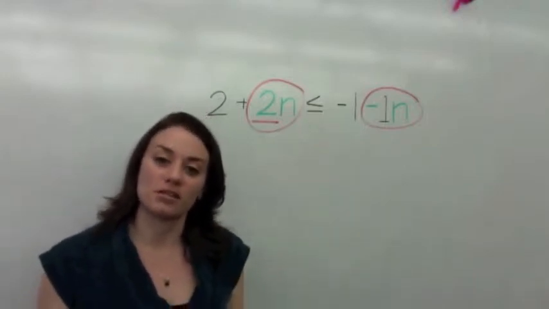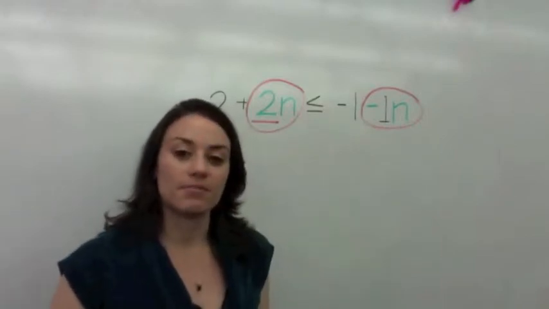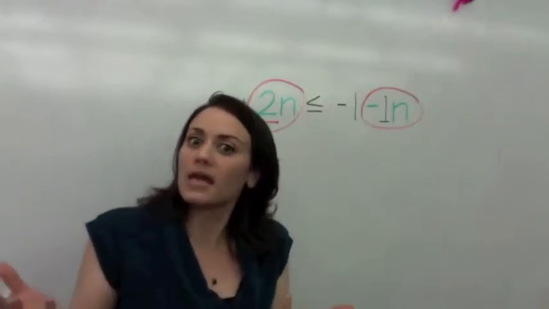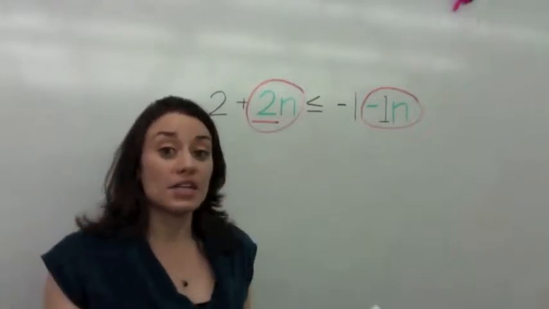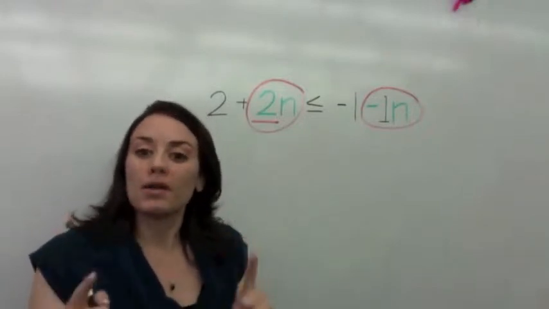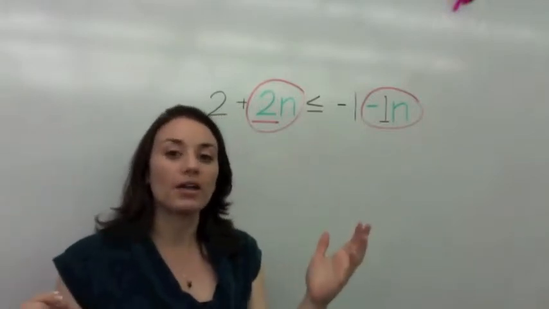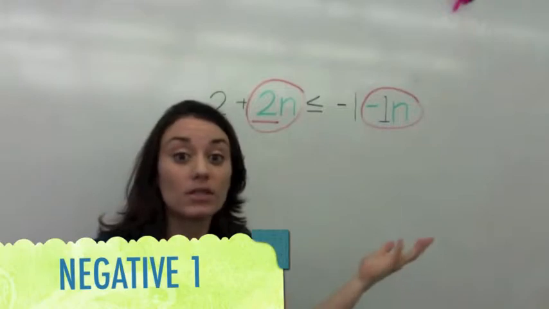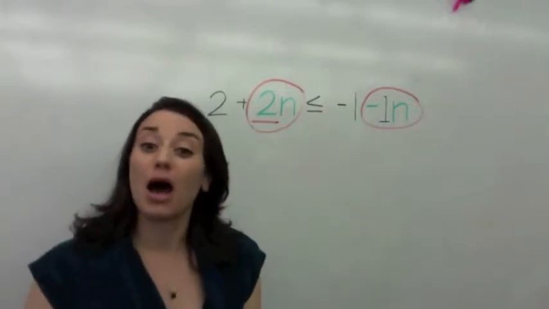So think about this. How do you change negative 1n into a positive? What is the opposite of negative 1n? Positive 1n. And when I ask you what number is smaller, 2 or negative 1, what do you tell me? Negative 1. So you want to do the opposite.